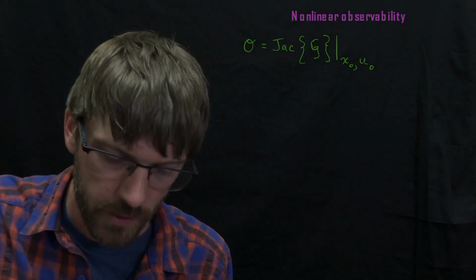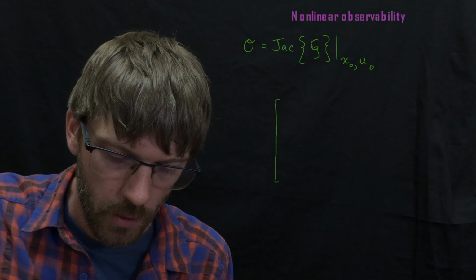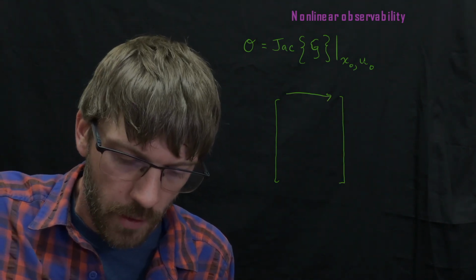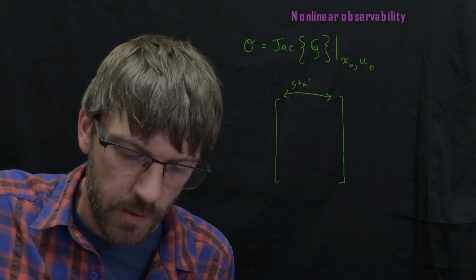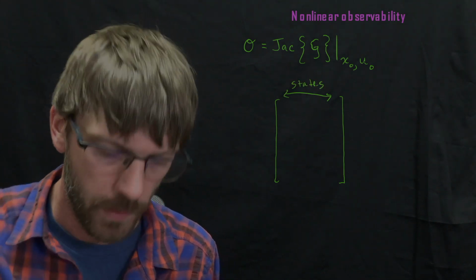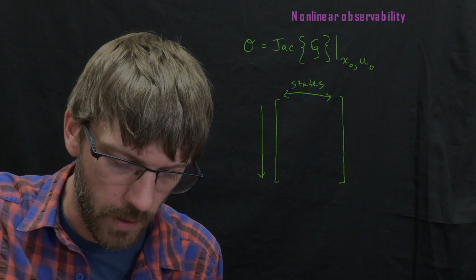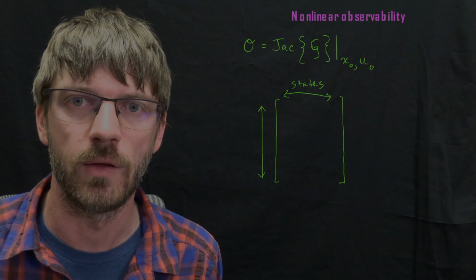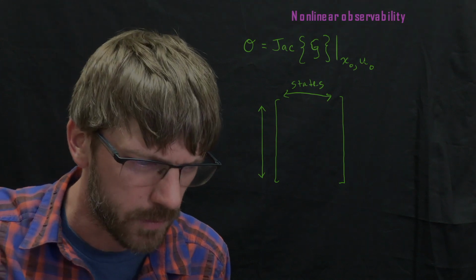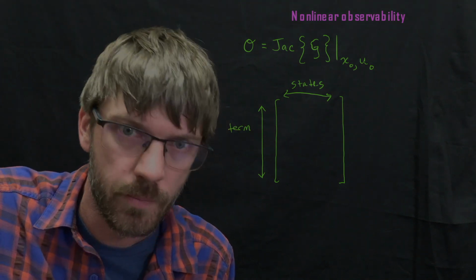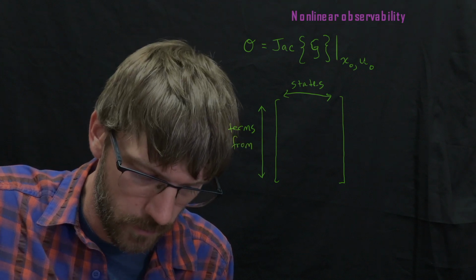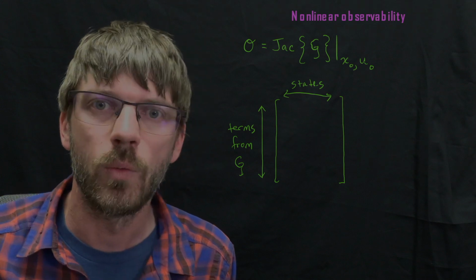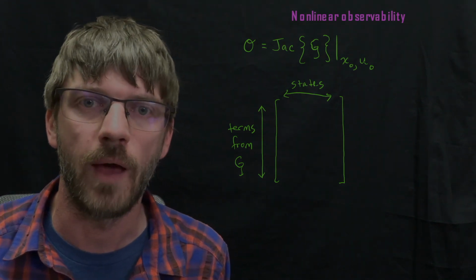So that's going to be some matrix, just to give you a little bit of intuition. The columns here are going to correspond to the states, just like in the linear case. And the rows here are going to correspond to all of the equations or expressions that you found in G. So these are going to be your terms from G.